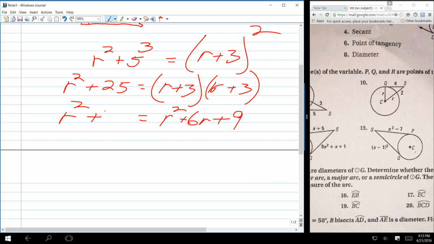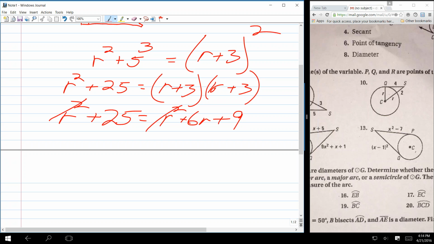Now, what's the next obvious step I can do to simplify this thing? Balance it. There's something staring you right in the face that you can do right away that simplifies the equation. Or you can cancel that r squared with that r squared.